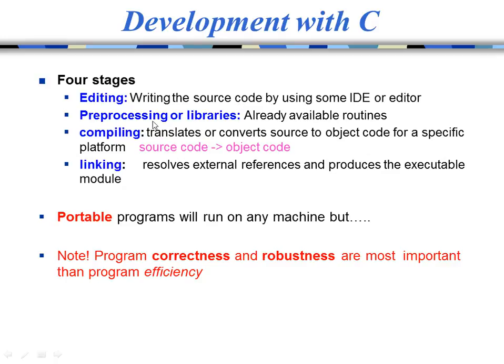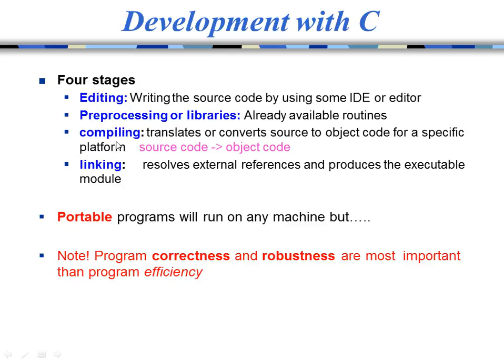Number two, pre-processing or libraries, already available routines. Routines means functions, procedures, already built-in functions in C language that we can use when we start our first program. After that, compiling. First editing, writing, then processing or libraries, and then compiling.